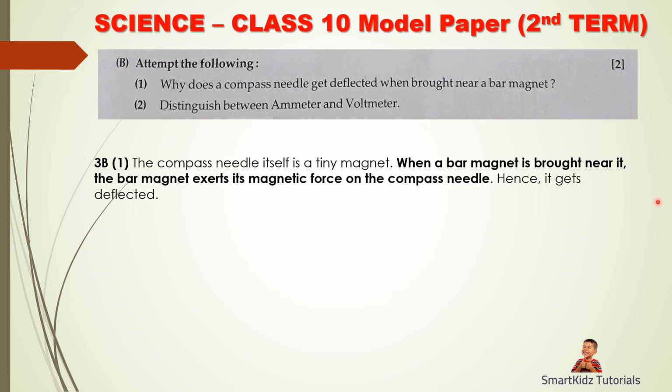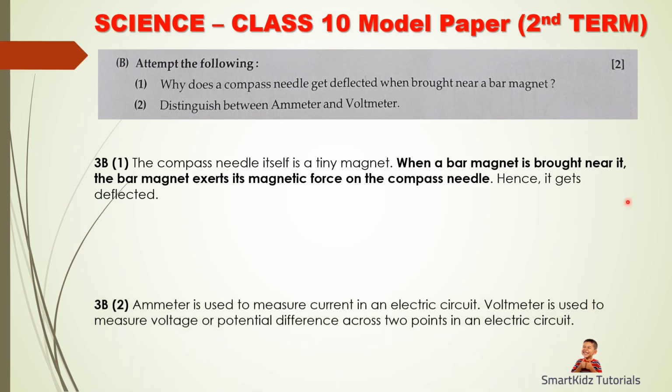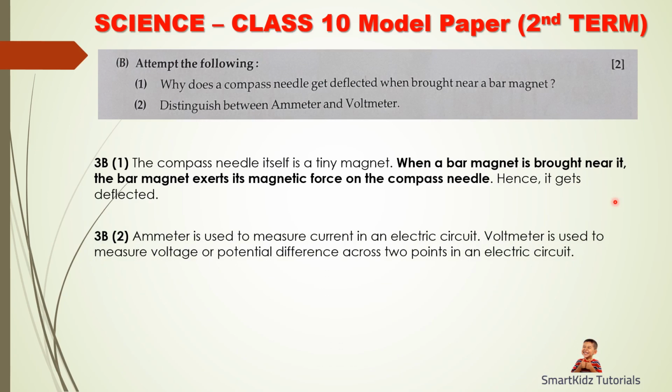Question 3b2, distinguish between an ammeter and a voltmeter. Now there are many points, however this is going to be for just 1 mark, so we can give just 1 point. An ammeter is a device that is used to measure the current in an electric circuit, whereas a voltmeter is a device that is used to measure the voltage or the potential difference across 2 points in an electric circuit.